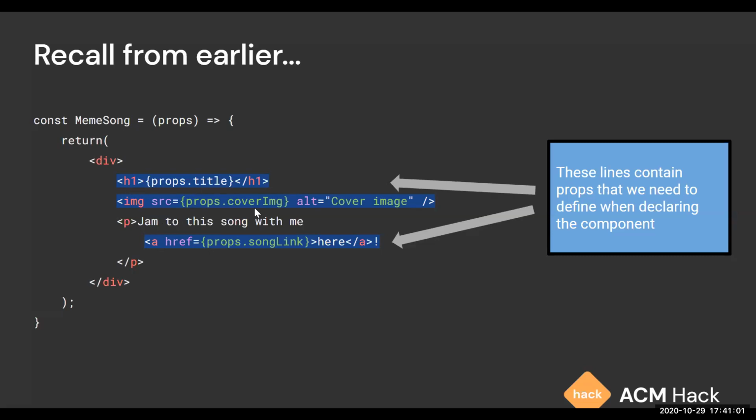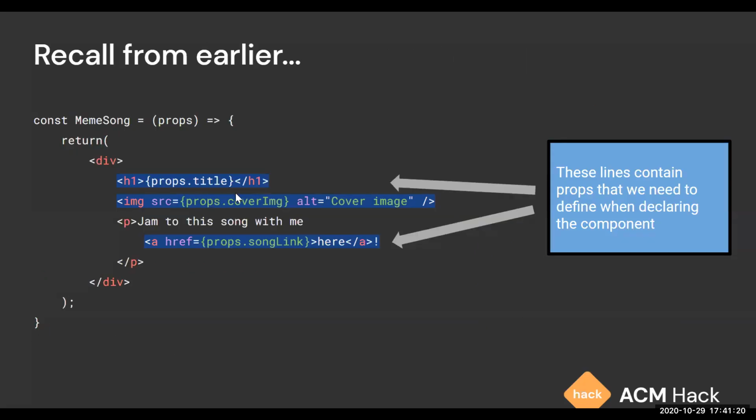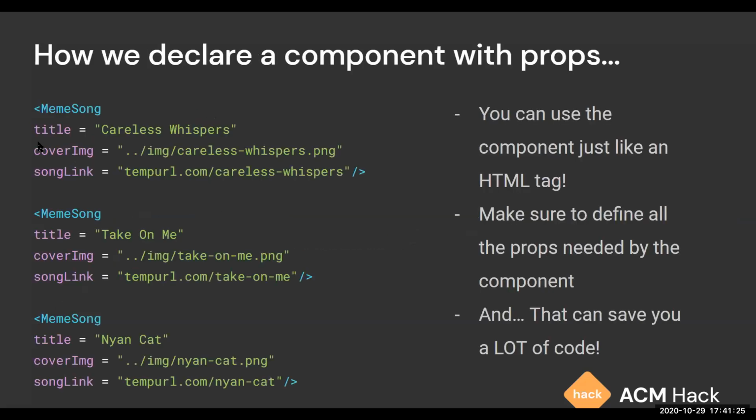Then we have the cover image defined here, which defines the source of the image, and the song link prop that defines the link to the song. Notice that the names defined here have to match the names of the properties that we use here. So if we have the title property, the cover image property, and the song link property, we need to define them when we call them in other components. Otherwise, they will not be loaded.